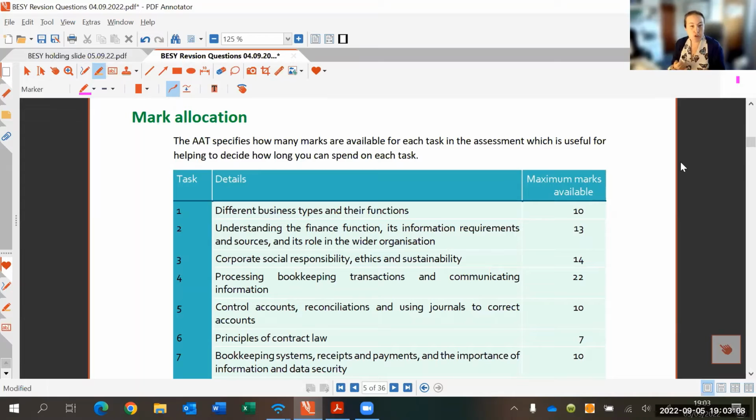However, there's still a lot of new stuff in this and very interesting topics and things that I found really useful in my journey in accountancy.